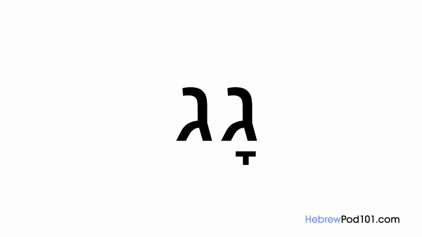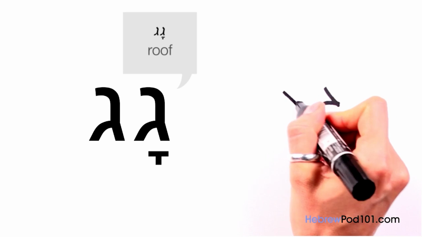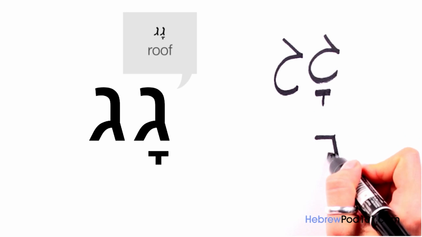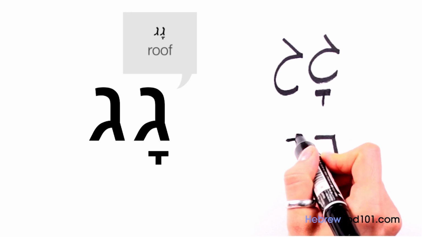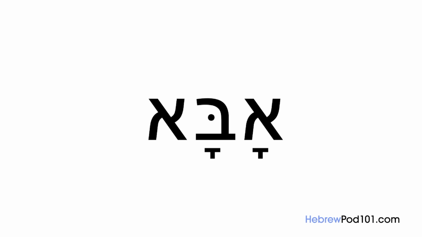So for example, gag in handwriting looks like this. Gag. And in print, gag. Also, the word Abba has kamatz under two of its letters.